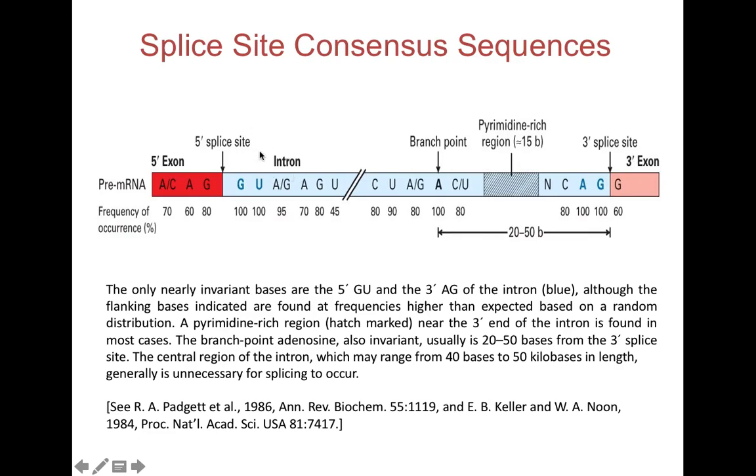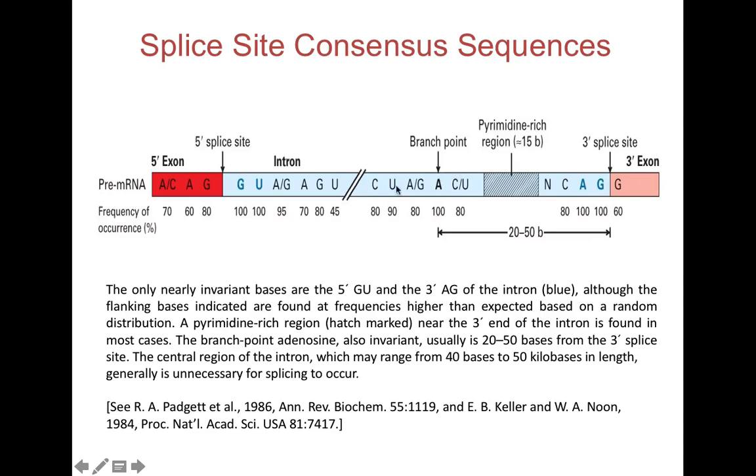We will be specifically talking about the consensus sequences of the splice sites. So in order for the splicing to take place, an intron needs to have 30 to 40 nucleotides at each end of the intron with specific sequences.